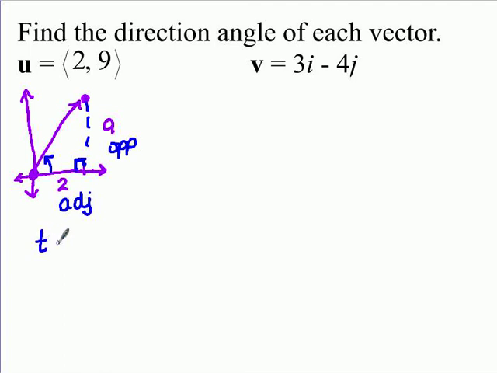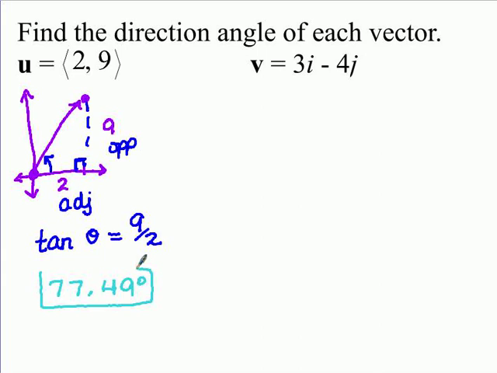So I know that the tangent of theta equals opposite over adjacent. So now on your calculator, you're going to have to find the inverse tangent of 9/2. And that angle comes out to be 77 point what? 47. Okay.